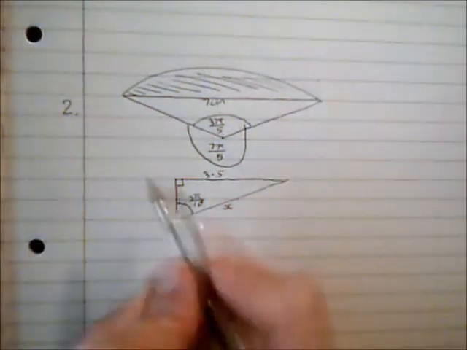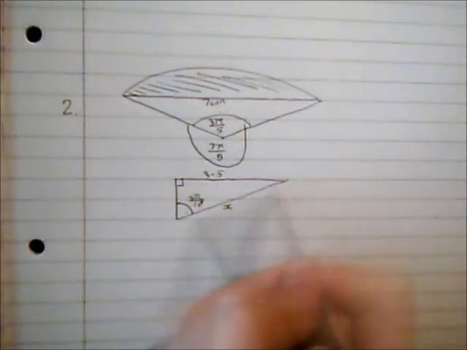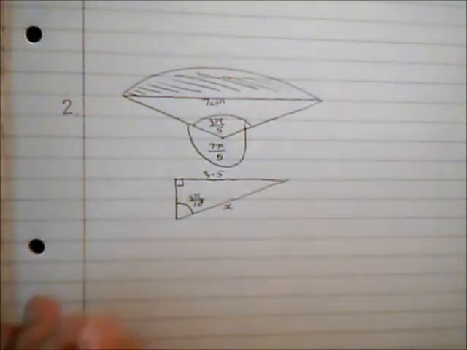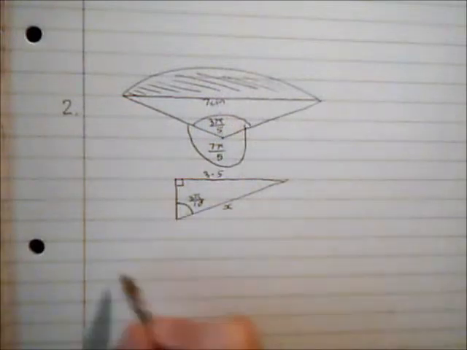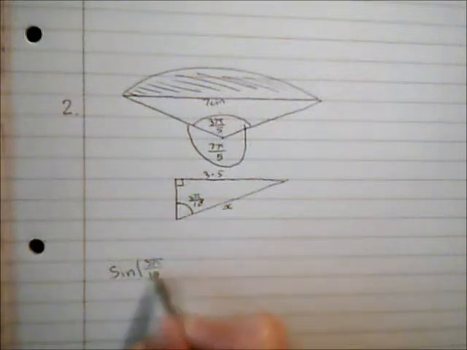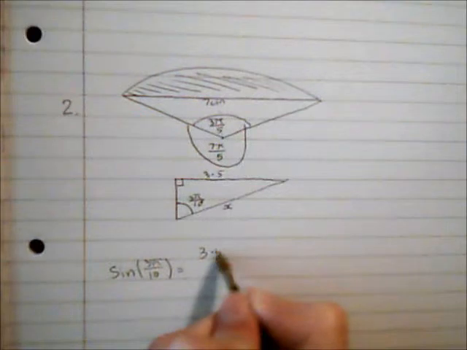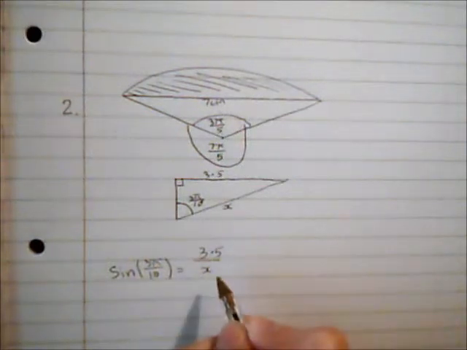So then, using trigonometry, if this is the angle concerned, I've got the opposite side and I wish to find the hypotenuse. So that's going to be using sine. So sine of 3 pi over 10 equals opposite divided by hypotenuse.